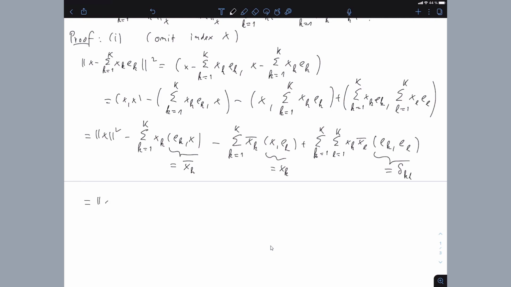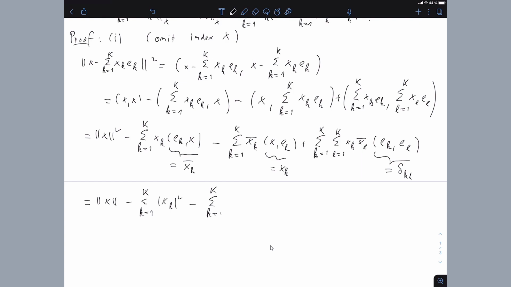So let's collect all the sums. The product of x_k and x_k conjugated is the norm of x_k squared. It's a complex value. Oh, and I wrongly put a plus here.